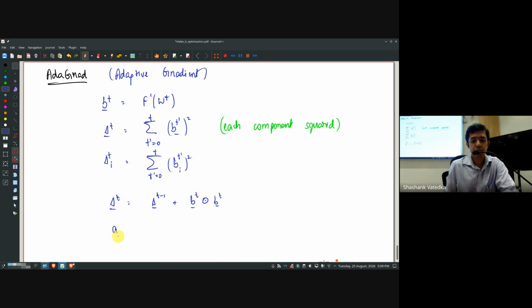And I'll set a vector at to be equal to the square root of st plus a small parameter epsilon, where this epsilon is some very small number. Take it to be like 10 to the minus 6 or 10 to the minus 7 or something like that.